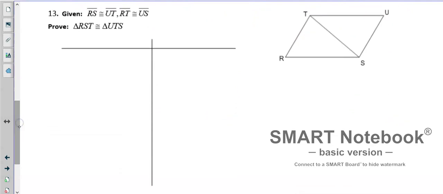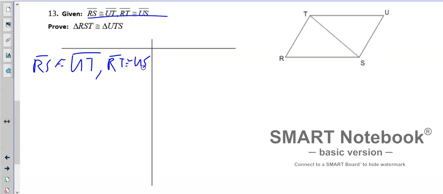All right. You will see on your practice test that there's only going to be one proof on the final, and it's actually going to be fill in the blank. So it's going to be easier than this. But first thing we always do is write our given. RS is congruent to UT, and RT is congruent to US, and that's given.